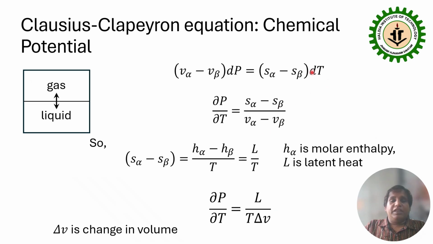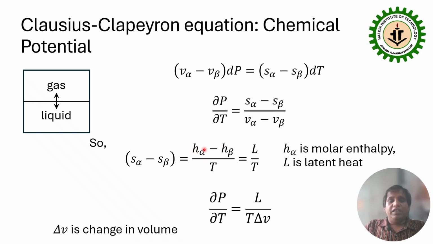If we slightly rearrange this, we can easily write it down. ΔP/ΔT is nothing but ΔS/ΔV. Now what is ΔS? ΔS is nothing but ΔH divided by T. What is ΔH?